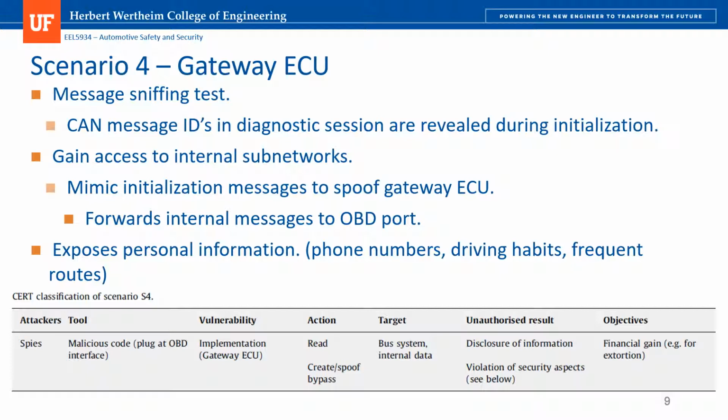And the action that they're using is they're just spoofing these messages. Target is the internal subnetworks of the CAN bus. Unauthorized result is now there's a disclosure of information, and the objective for this would be to maybe do some extortion, ultimately financial gain.